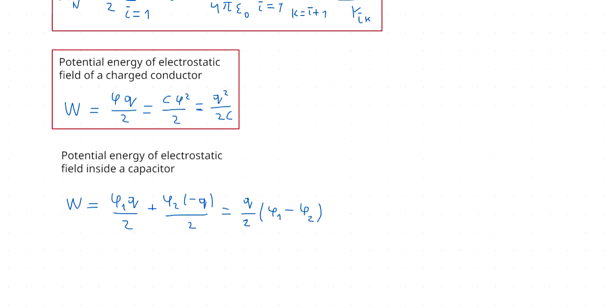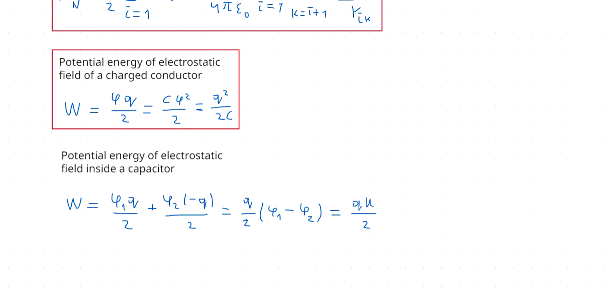But you know that phi1 minus phi2 is a potential difference. So it will be Q multiplied by the potential difference divided by 2.